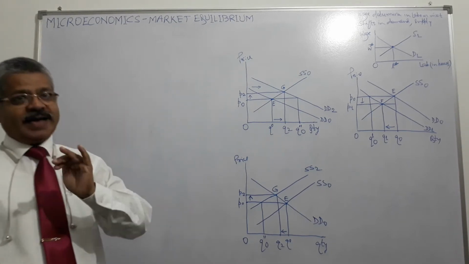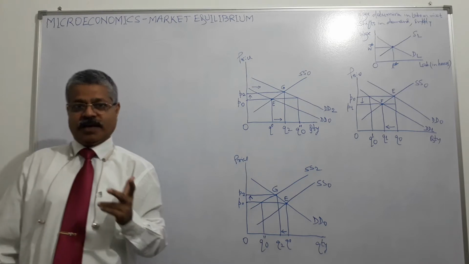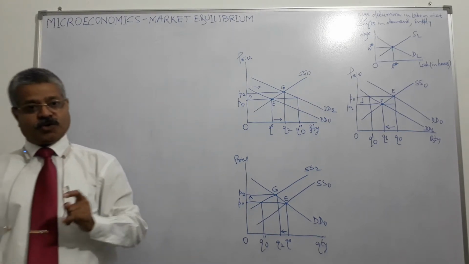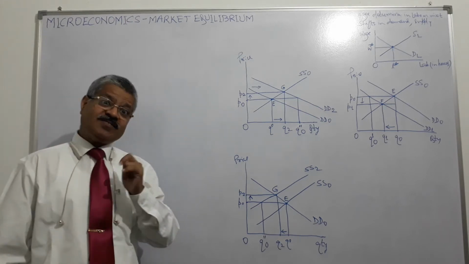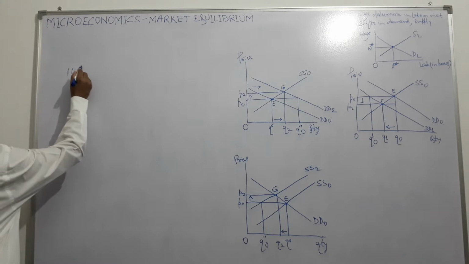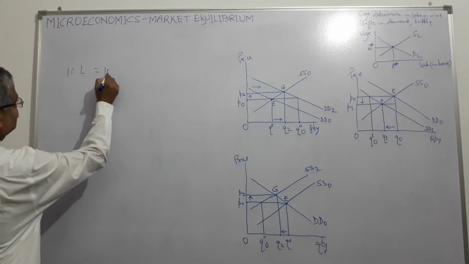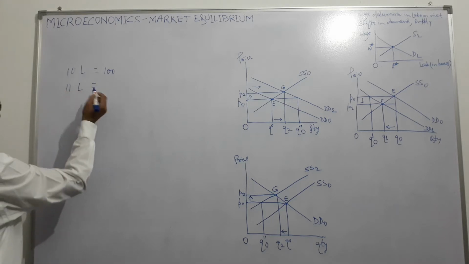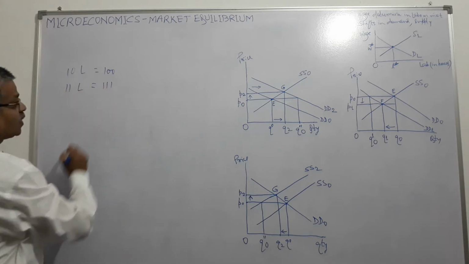Extra cost of hiring one more unit of labor is the wage rate. Suppose right now I am employing 10 labor, right? And total cost is 100. So when I employ the 11th labor, my total cost becomes 111.